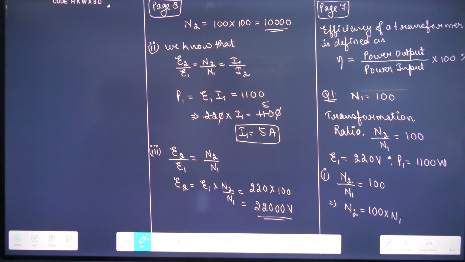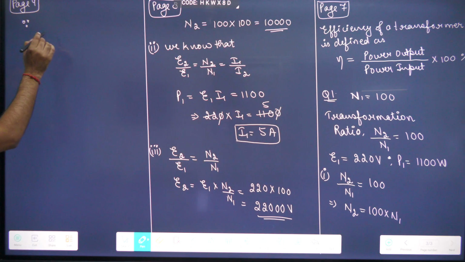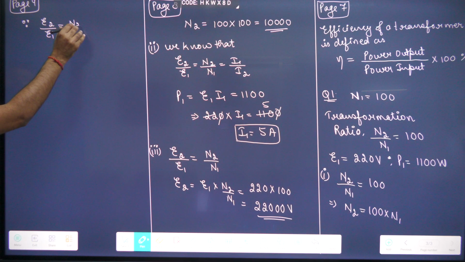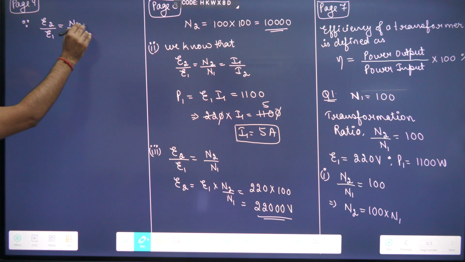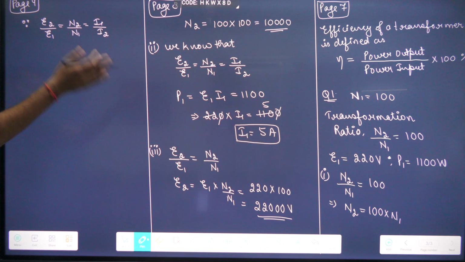Now fourth part, current in the secondary. Current in the secondary means they are asking about I2. So since E2 upon E1 is equal to N2 upon N1 is equal to I1 upon I2, not I2 upon I1, I1 upon I2.